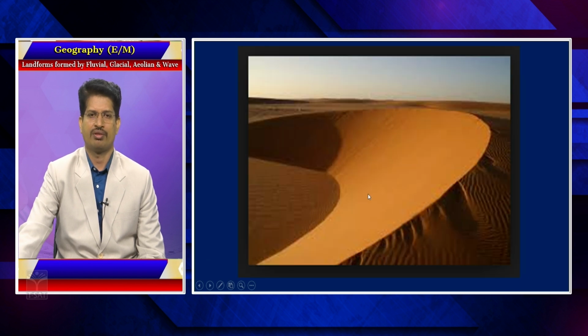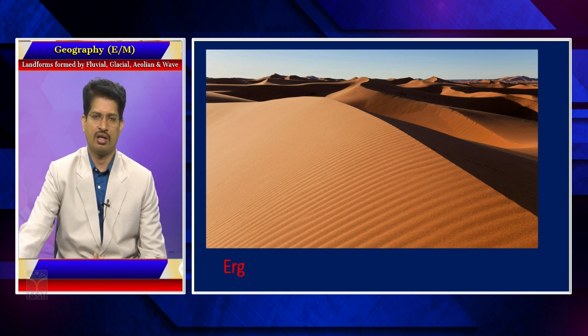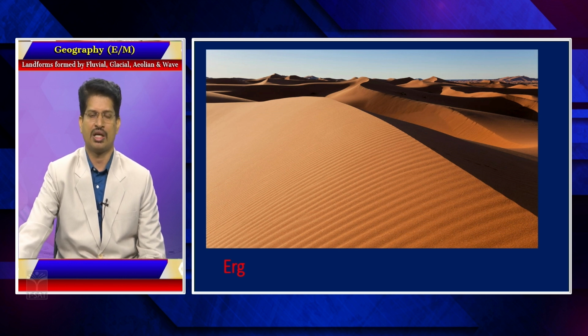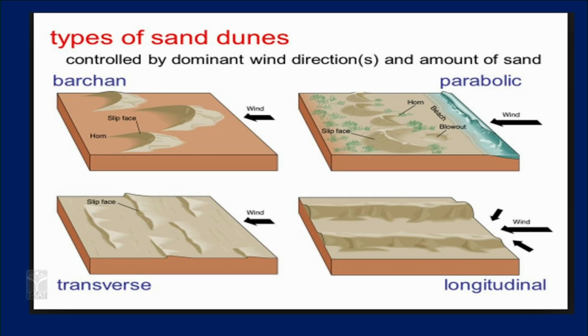This is an example of a barchan. This is an example of an erg, where a large deposit of sand is known as an erg. Depending upon the directional flow of the wind, differently shaped sand dunes are formed, such as parabolic, longitudinal, etc.